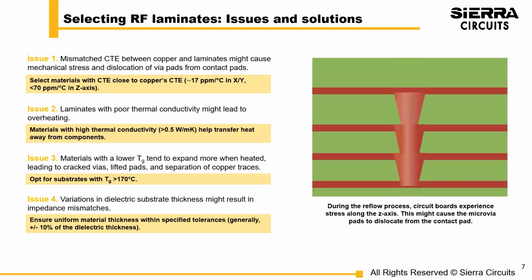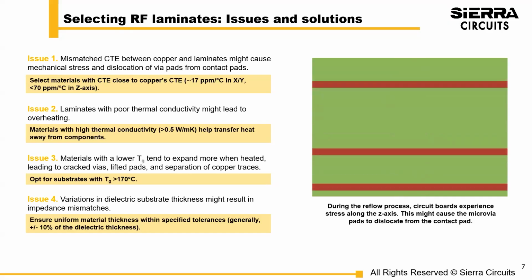Next is the thermal conductivity. So laminates with poor thermal conductivity can lead to overheating. So you need to opt for materials with a thermal conductivity above 0.5 watts per meter Kelvin at least.